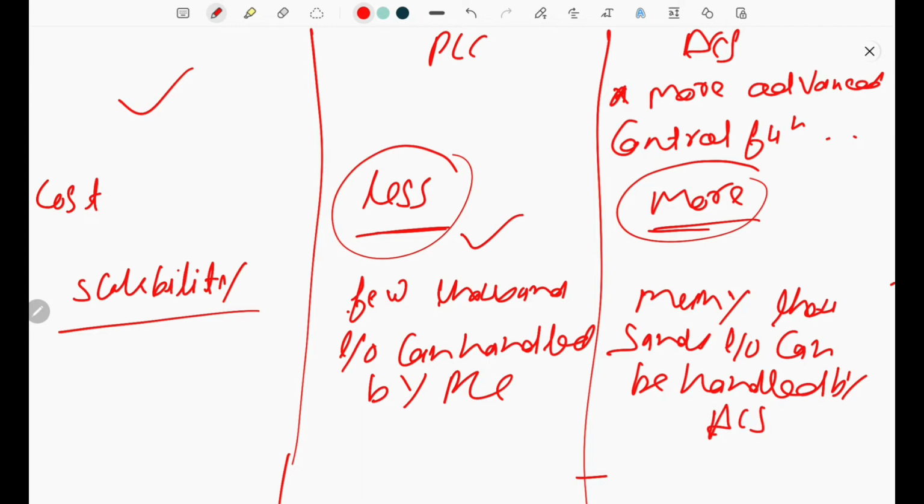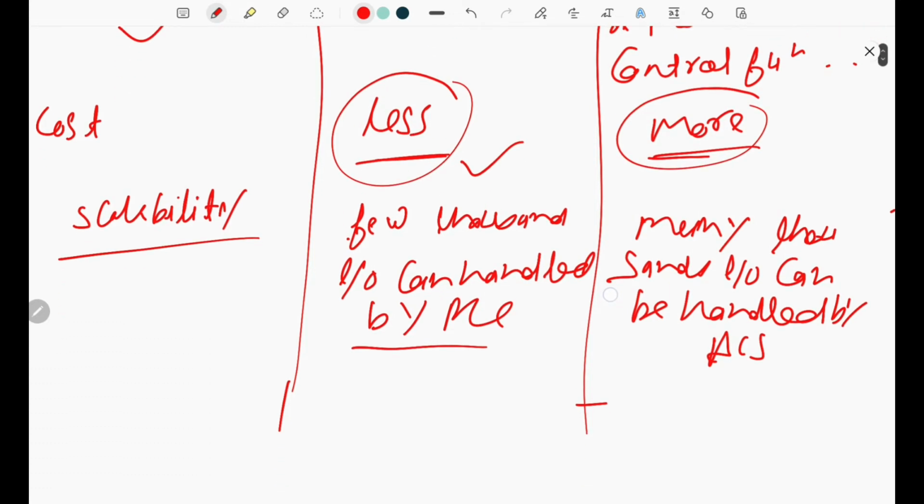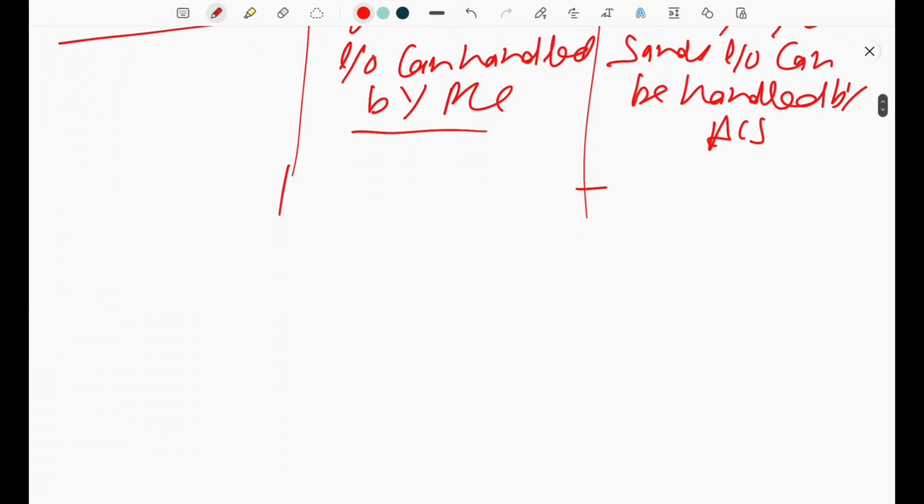So when you have many IOs, then you can go with DCS, and if you have a few numbers of IOs, then you can go with PLC. So it depends on your application, depends on your number of IOs.